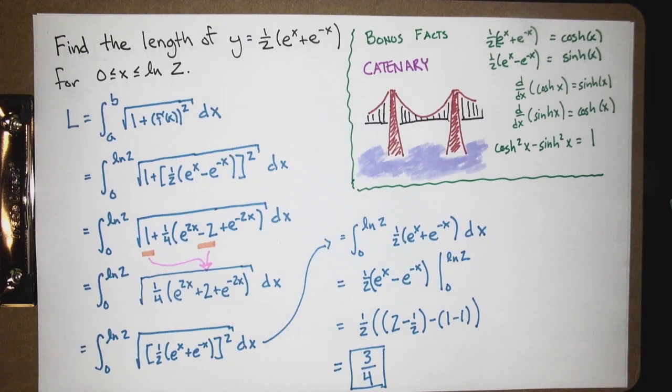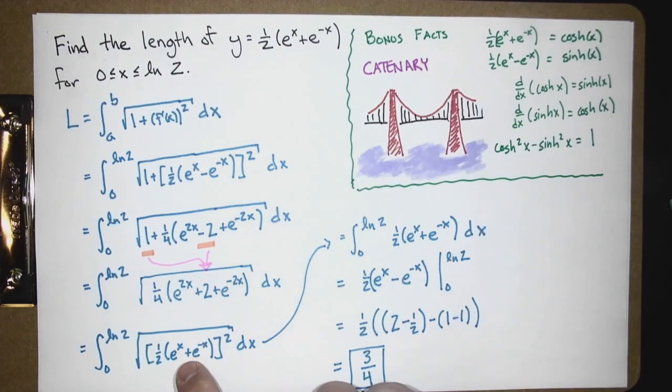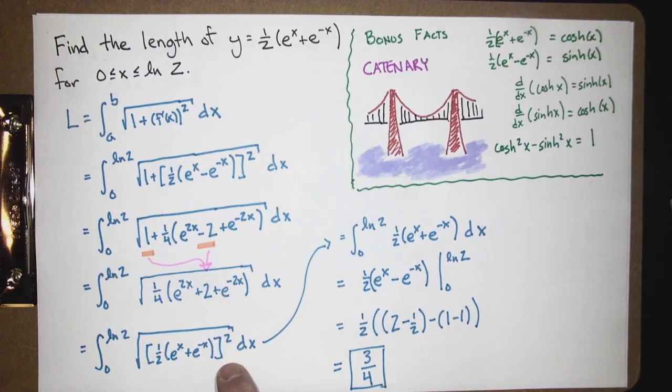So we're switching that middle term from being negative to being positive, which sets us up to say, oh, that's basically like what we had up here, except instead of a minus, it's a plus. So we have a square. And so the square root of a square is nice. So we have 1/2 e to the x plus e to the negative x. So that's what we have to integrate.